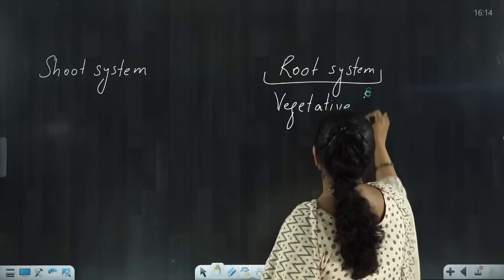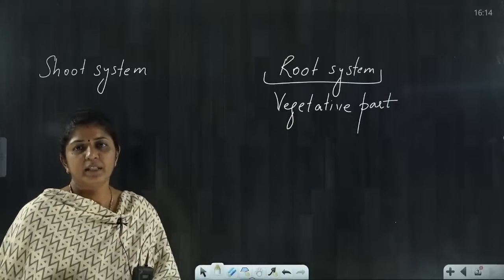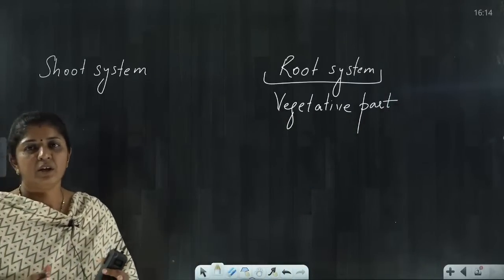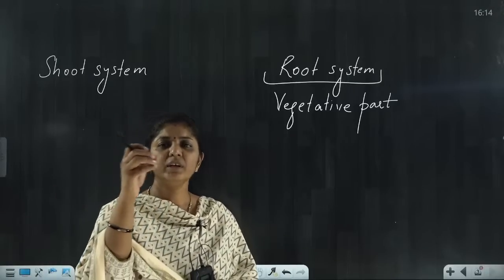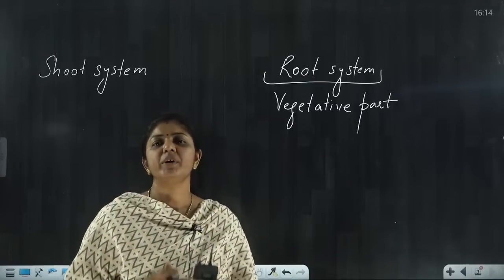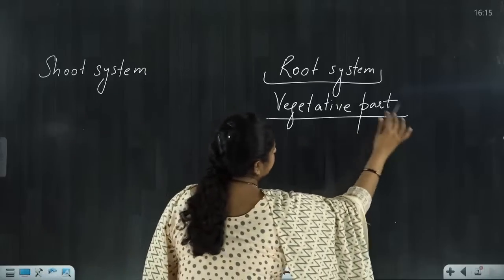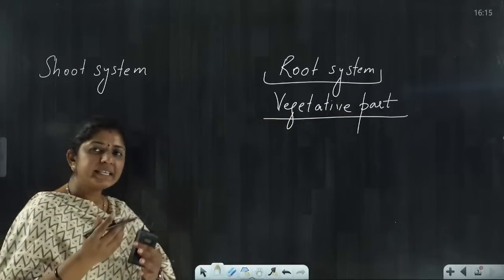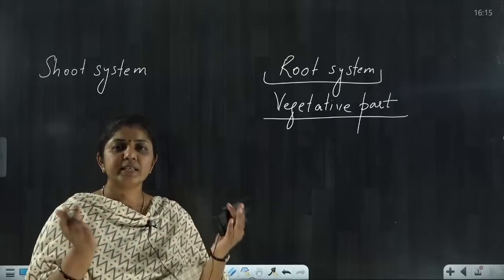Vegetative part means that which is not involved in reproduction. Those involved in reproduction, like the flower, have the male and female sex organs, and you call that the reproductive part of the plant. So the root system is completely a vegetative part. No doubt exceptions are there, but we are not looking for the exceptions right now. We are generalizing the concept.